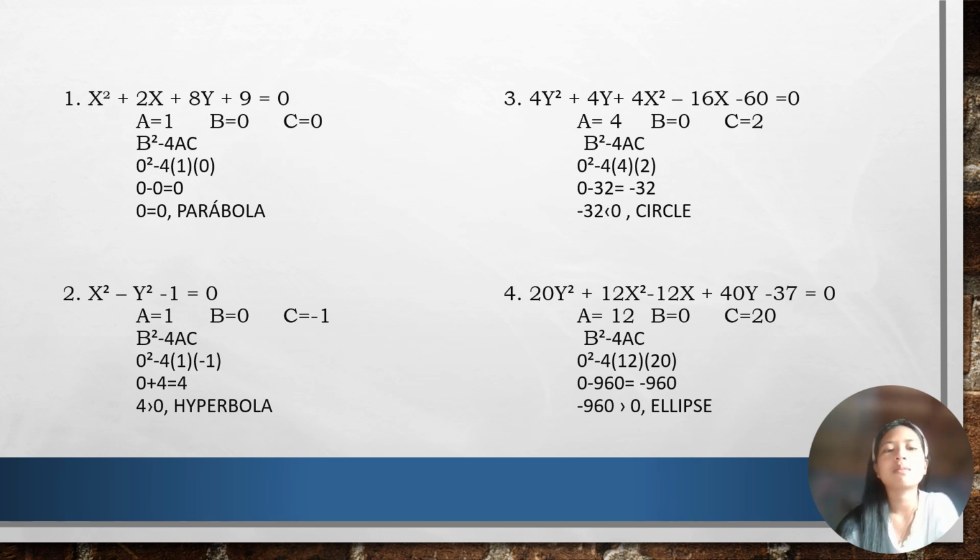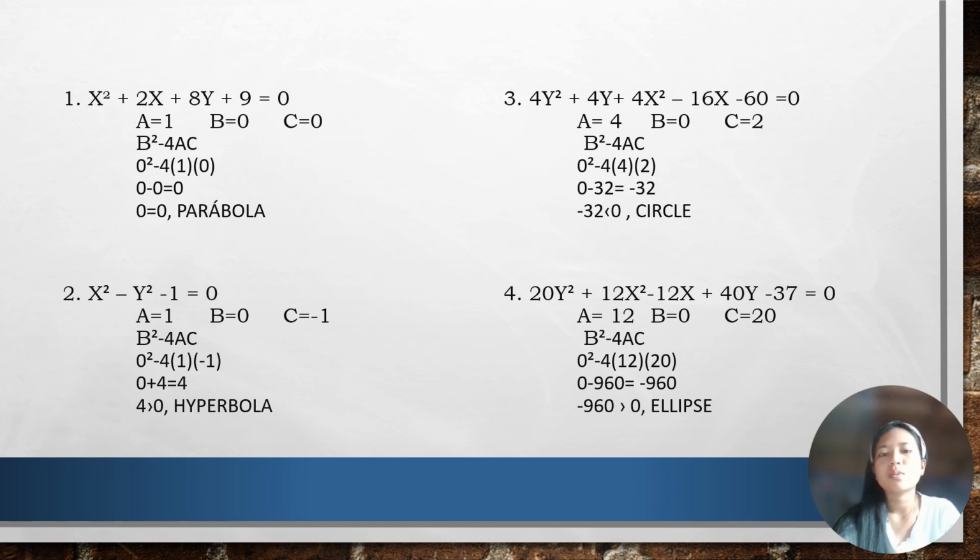Then negative 4 times negative 1 is positive 4, because a negative times a negative is positive, right? So 0 plus 4 is equal to 4, in which 4 is greater than 0. It is hyperbola.